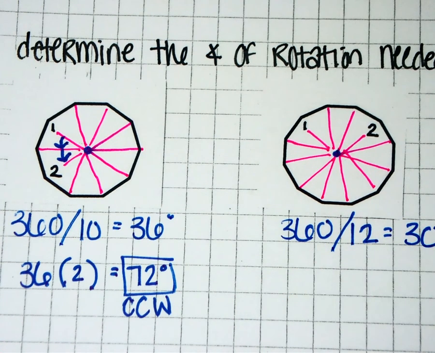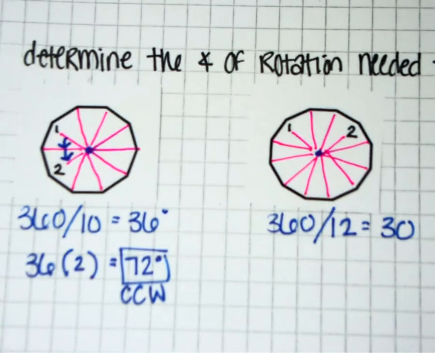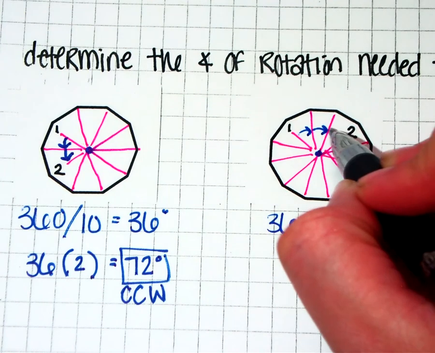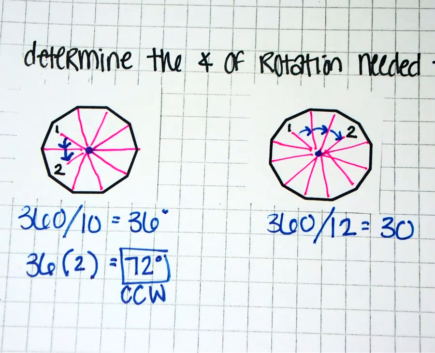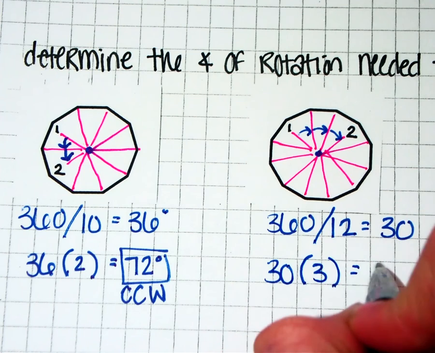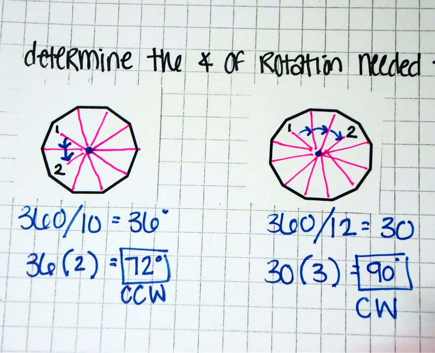So each turn is a 30-degree rotation. We want to get 1 onto 2, so we just count 1, 2, 3 turns. So 30 times 3 is 90. So in this direction, we went clockwise. So a 90-degree clockwise rotation, we'll get 1 onto 2.